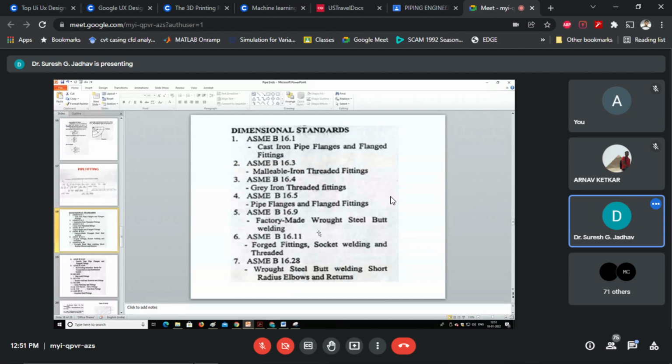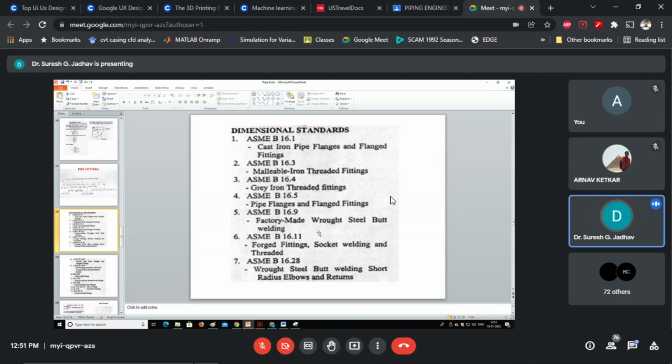Only that kind of fittings and materials we can see in ASME B16.3. Now the next standard is for gray iron threaded fittings. So here the material is gray iron, that is GI. As per ASME B16.4, we can see the threaded fittings for gray iron.